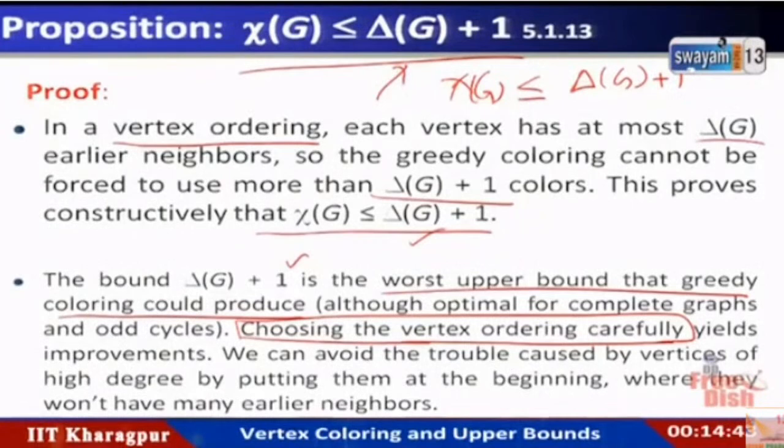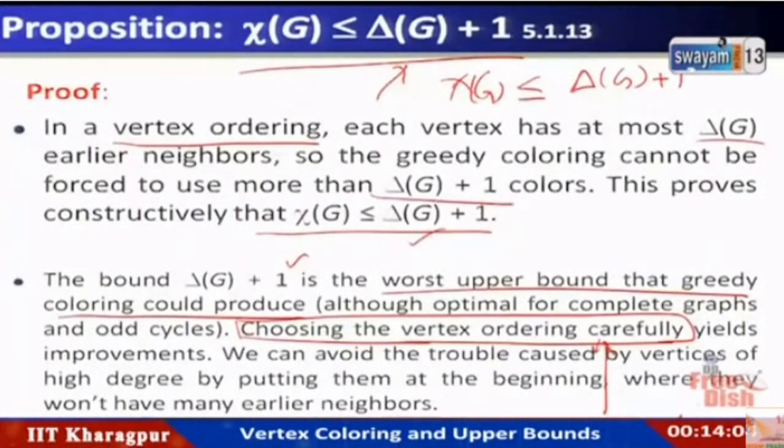Now, one heuristic which will be applied here is that if we order the vertices according to the degree sequence, so that the highest degree vertices are placed ahead, in the beginning of the sequence, and the next higher degree will be placed and so on, because if the highest degree vertex is placed, there will be no other neighbor before it.